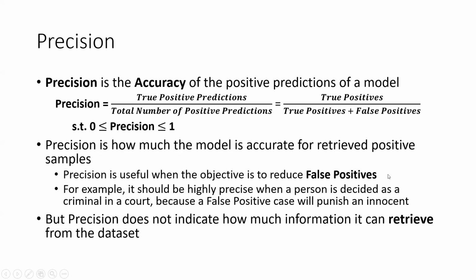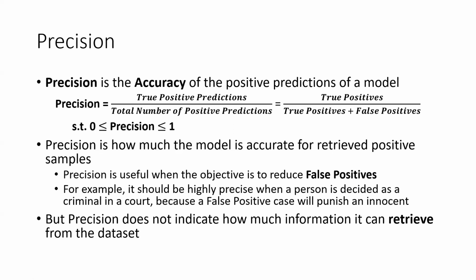So that means giving false positives means giving false punishments, detecting a positive as a murderer. Suppose that is the positive. So we want to reduce these false positives as much as possible, right?